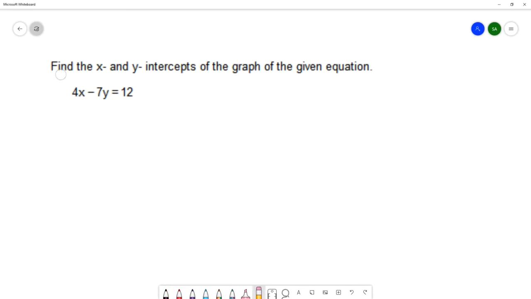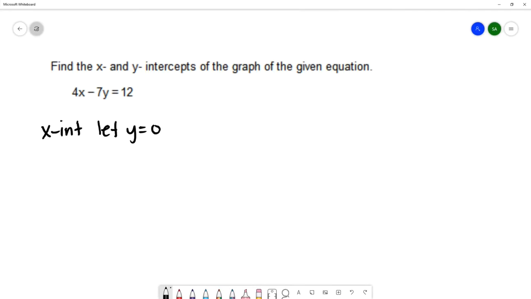On this question, we want to find the x and y intercepts of the graph of the given equation. The equation we're working with is 4x minus 7y equals 12. So first, let's try to find the x-intercepts. When you're looking for x-intercepts, you're going to let y equal 0.